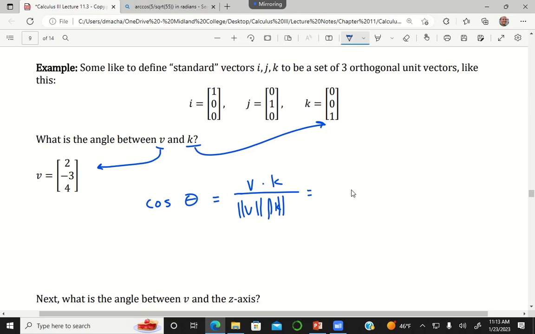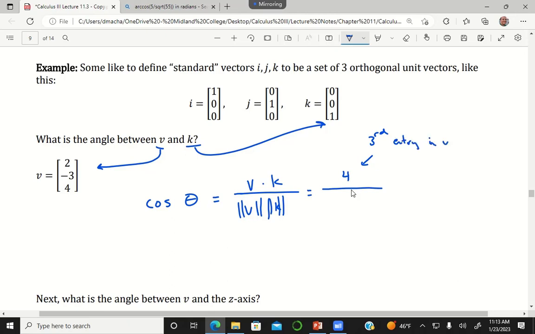Now notice v dot k is just going to be the third entry in v, because the first two entries are going to be multiplied by zeros in the k vector. So I'll have 2 times 0 plus negative 3 times 0 plus 4 times 1, and so that's just 4. It's only the third entry in v.